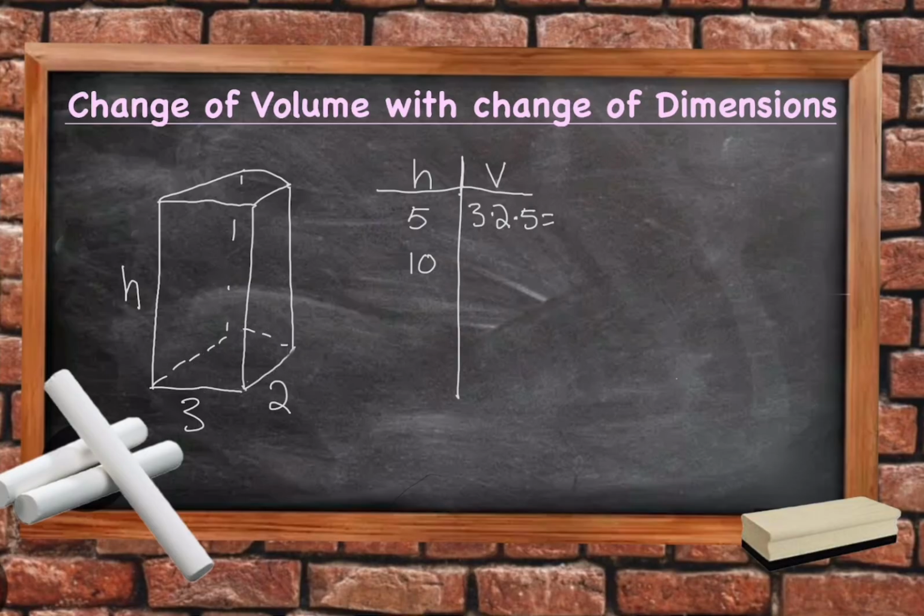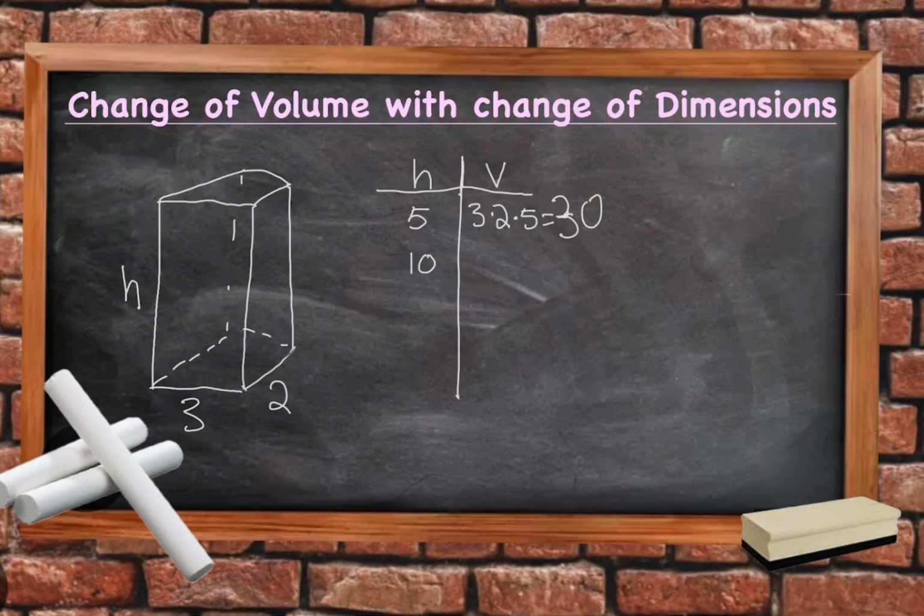And in this case, the area of the base is 6. That's one way you could think of it. Or you could think of it as length times width times height, but whatever way you think about it, the answer is going to be the same because of multiplication's properties. So let's see. 3 times 2 times 5, or 6 times 5, equals 30.